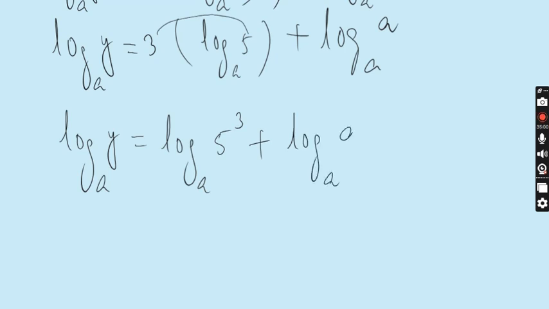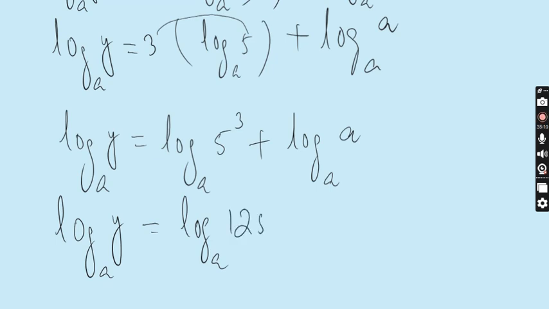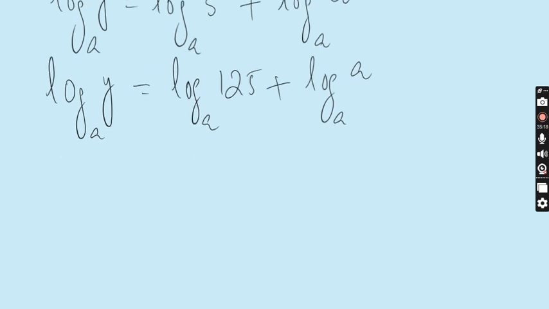Log base a of y is equal to log base a of 5 power 3, 5 power 3 is 125, plus log base a of a. Apply the rule of logarithm.